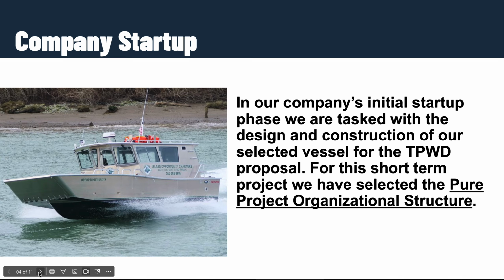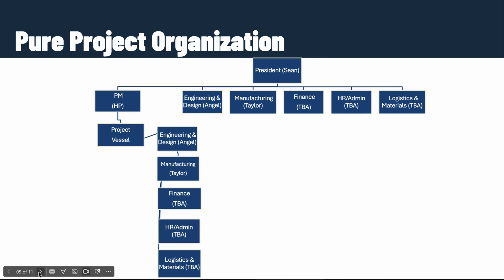At this stage, our main priority is speed, focus, and unified direction. In pure project organization, the team is entirely dedicated to one project. All resources, authority, and reporting relationships are centered around the project manager. Each team member has clearly defined responsibilities but works exclusively towards the success of this single project.